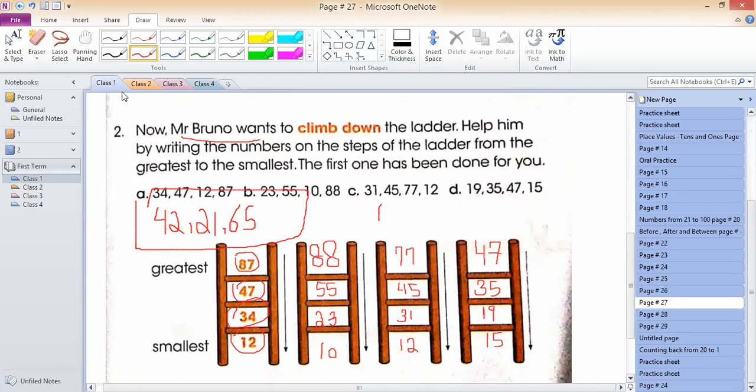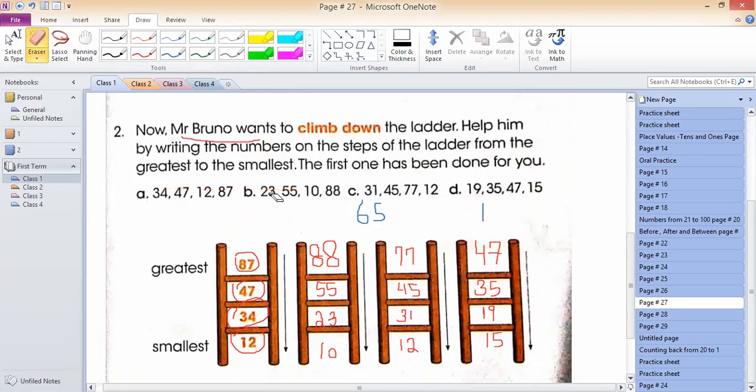You will answer in this way: 65, comma, 42, comma, 21. This is the answer. You will send it to me.